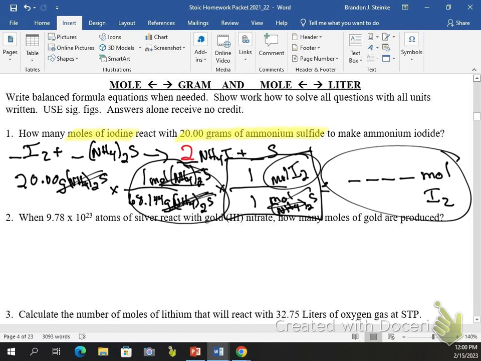One more step: moles of iodine, grams of iodine on top. You see what I'm saying? Those are the longest ones. The mass is even longer than the gas and the particles, because in gas and particles, those conversion factors give you the number right away, 22.4 and Avogadro's number. You don't have to figure out the molar mass like you do here.